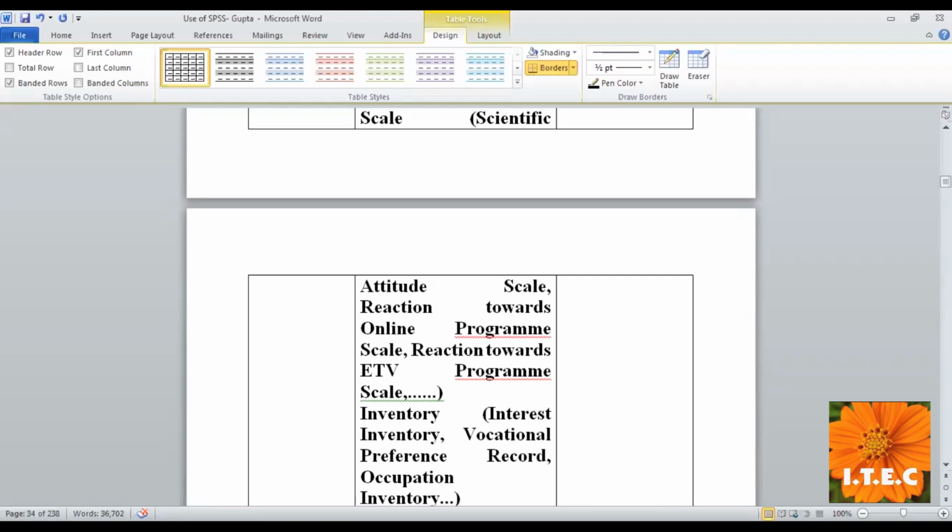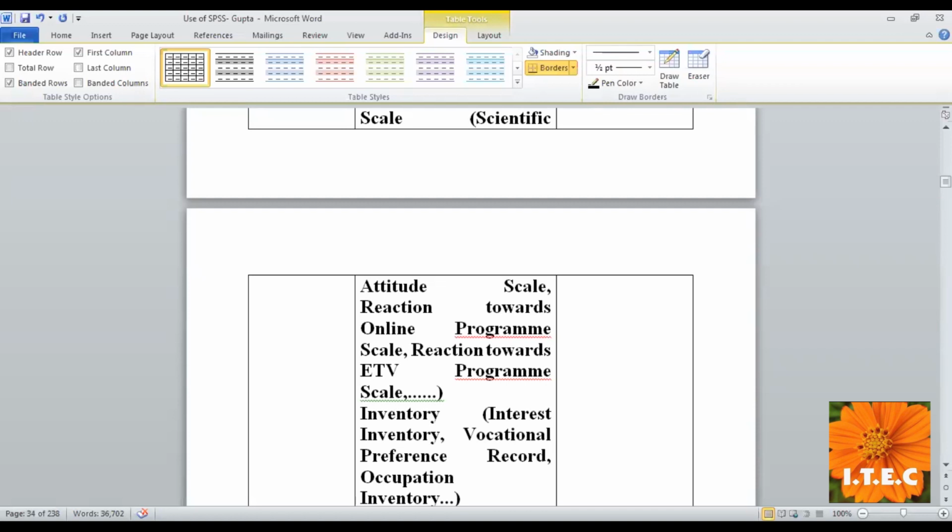But if you want to use them in research without standardization, it is your choice. But if it is not standardized, then you know people will not have faith in your findings, because your data will not be reliable and the conclusion you arrive at will not be reliable.